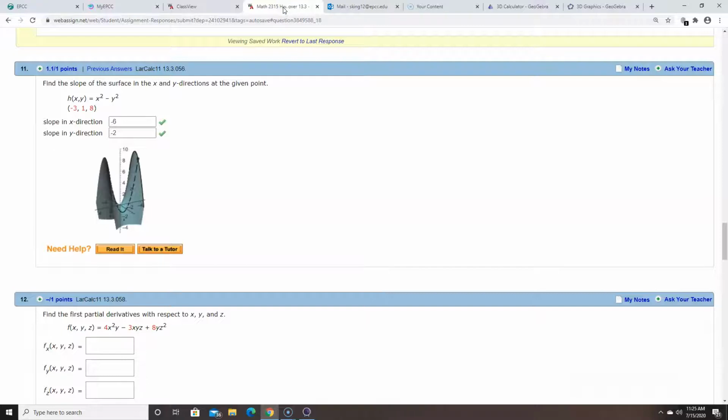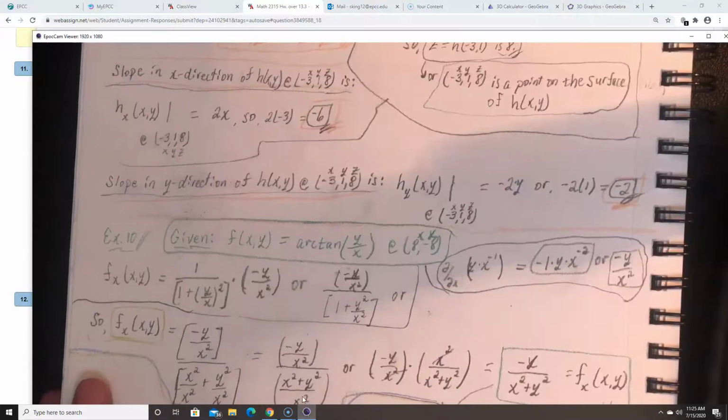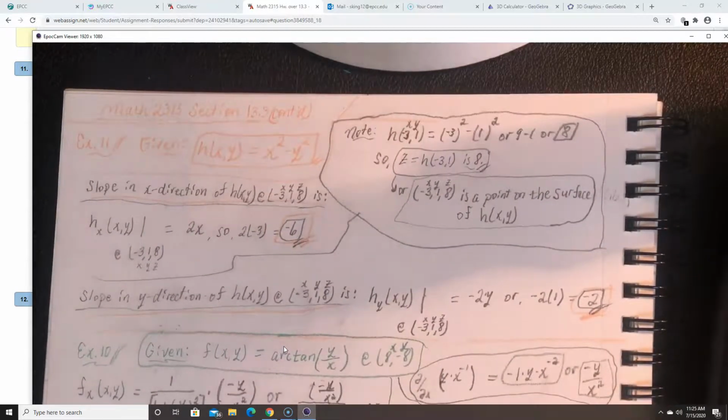I just have to find it. So x squared minus y squared. So here we go. Number 11, h of x comma y equals x squared minus y squared.